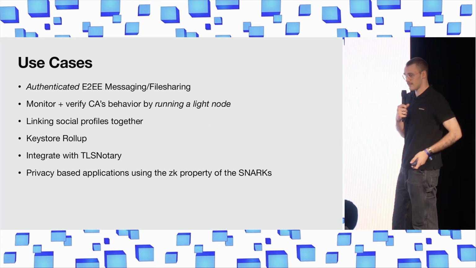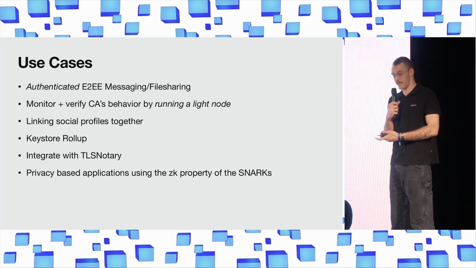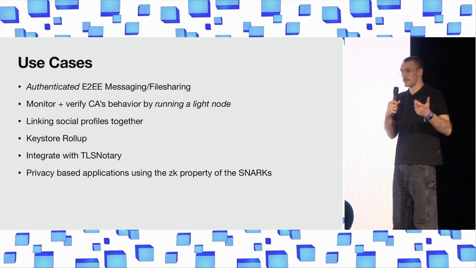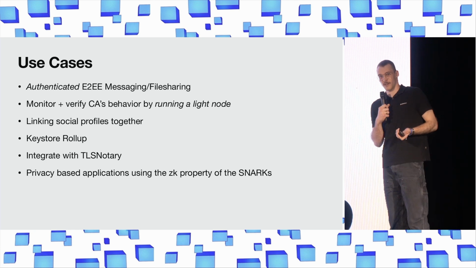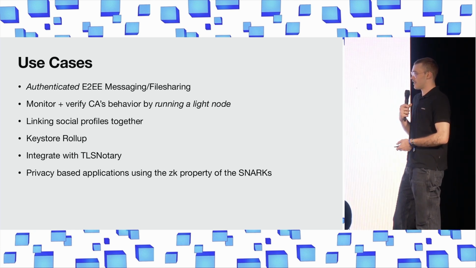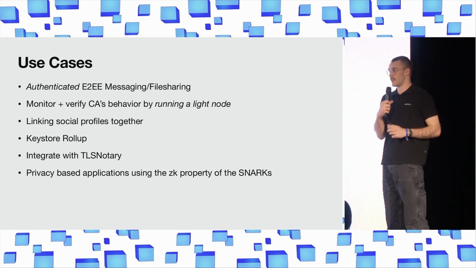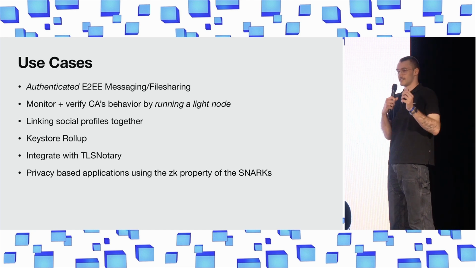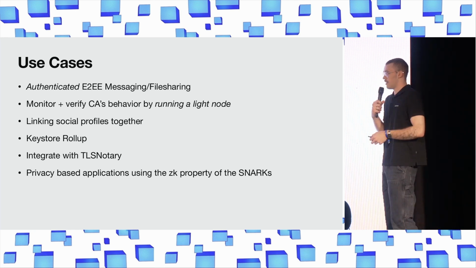So some use cases. Obviously, in this talk, I focused on authenticated end-to-end encrypted messaging and file sharing. But the whole web actually runs on certificate authorities. For all TLS connections, you have a certificate authority saying this server has the right to advertise itself as this website.